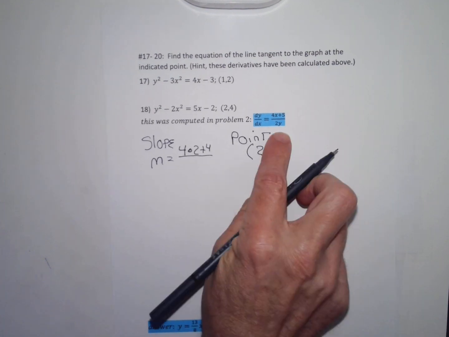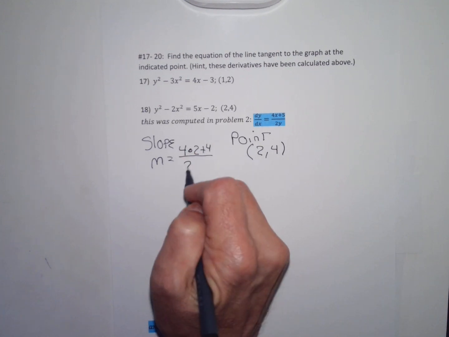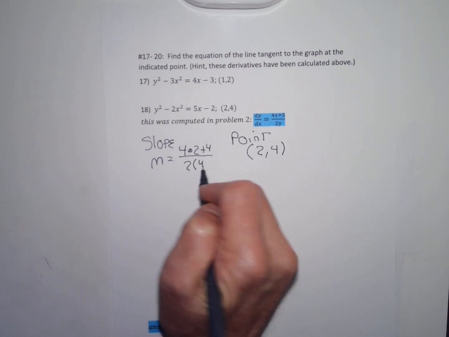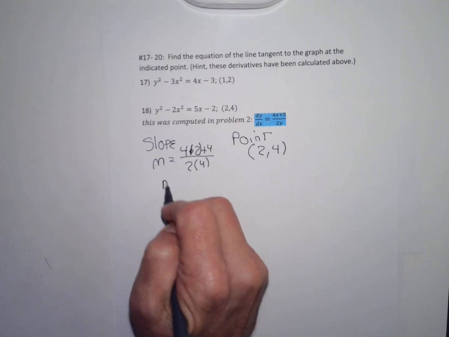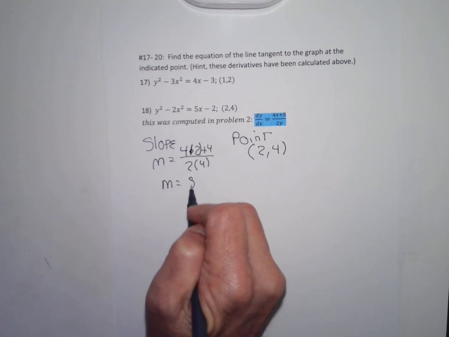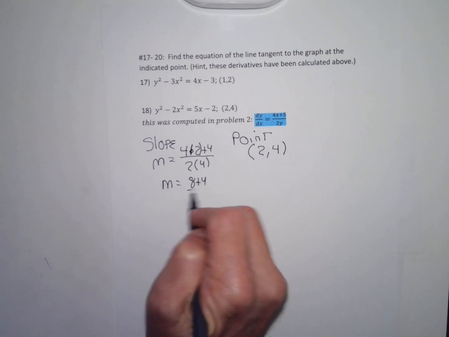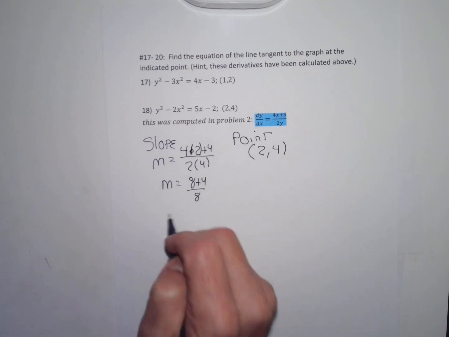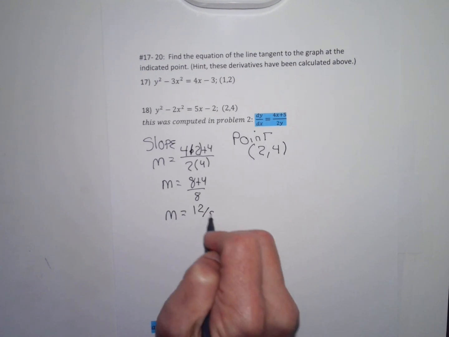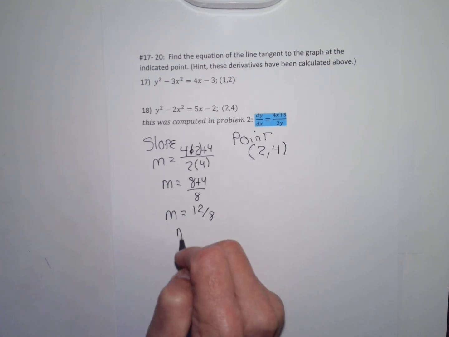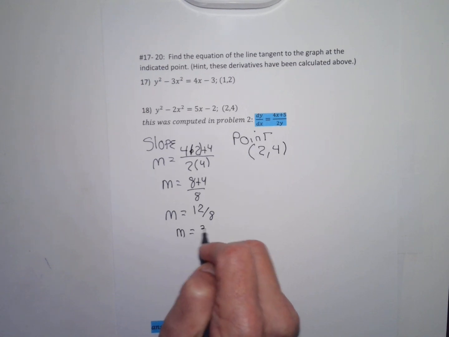In the denominator, I'm going to plug in 4 for y. I don't know why I use the times sign and not a parentheses. Let me make that a parentheses. So this slope is going to be 8 plus 4 over 8. So my slope is going to be 12 over 8.